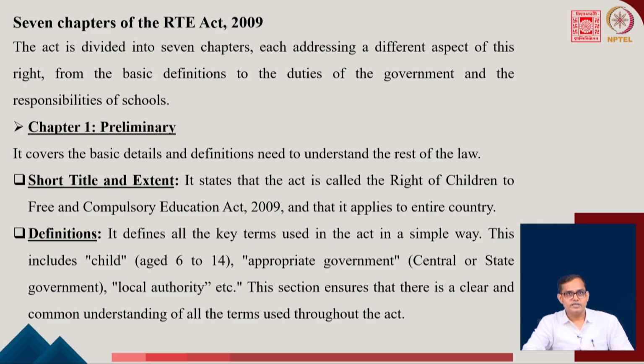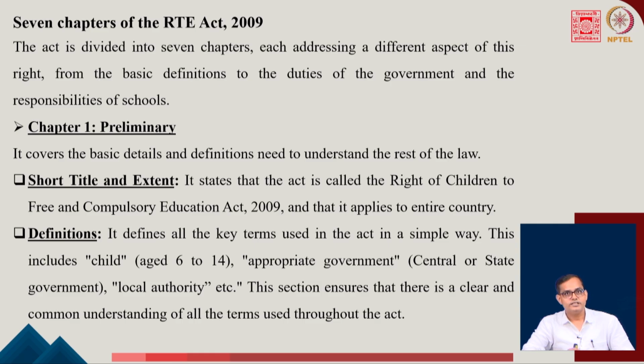Chapter 1 is preliminary, that covers the basic details and definitions needed to understand the rest of the law, such as short title and extent. It states that the Act is called the Right of Children to Free and Compulsory Education Act 2009, and that it applies to the entire country.